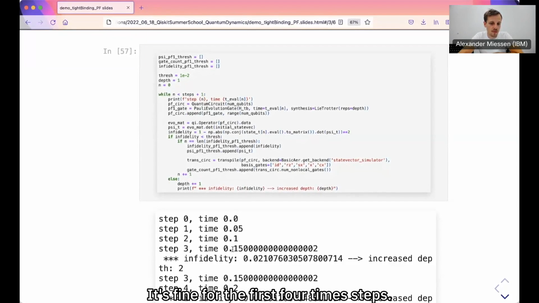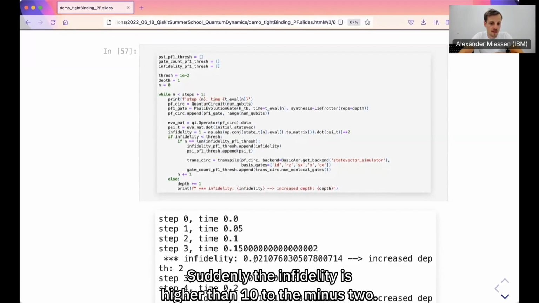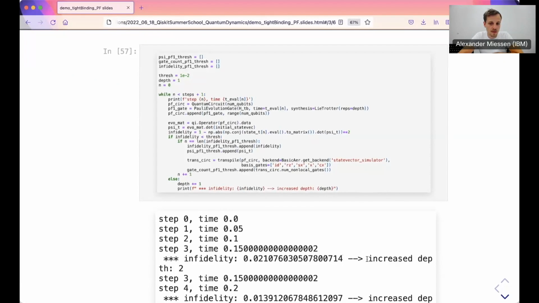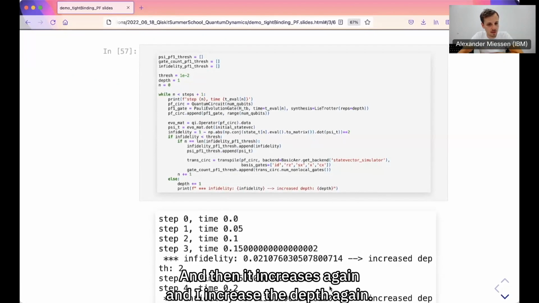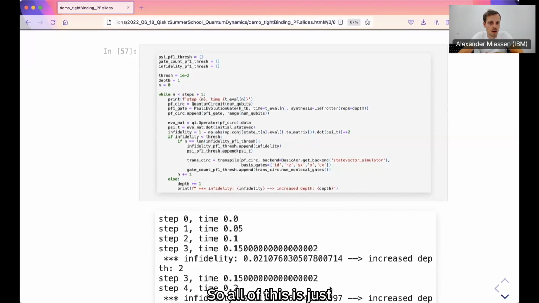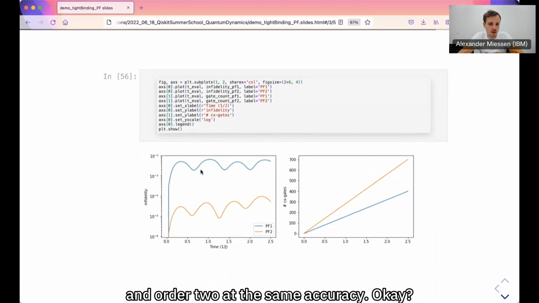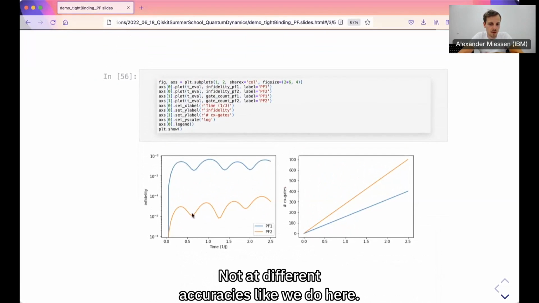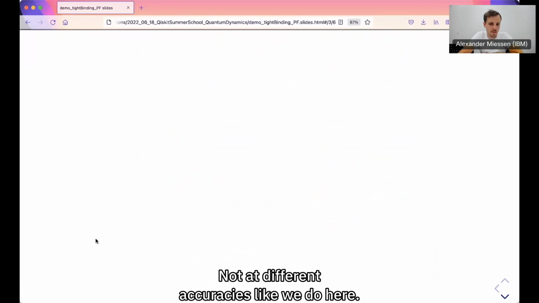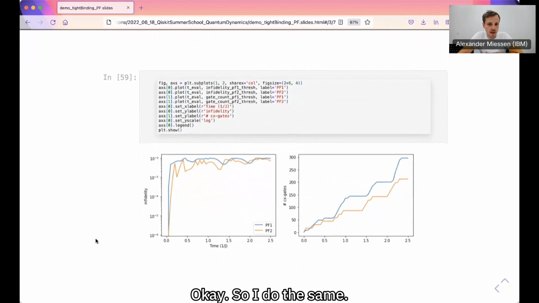It's fine for the first 4 time steps. Suddenly the infidelity is higher than 10 to the minus 2, and so I increase to depth 2. Then it's fine again for some time steps, and then it increases again, and I increase the depth again. All of this is just to show the resource requirements of order 1 and order 2 at the same accuracy, not at different accuracies like we do here.